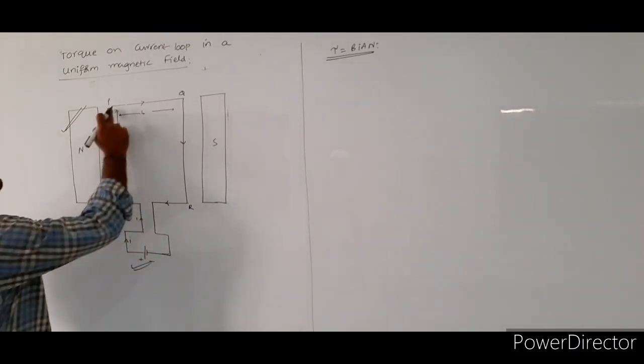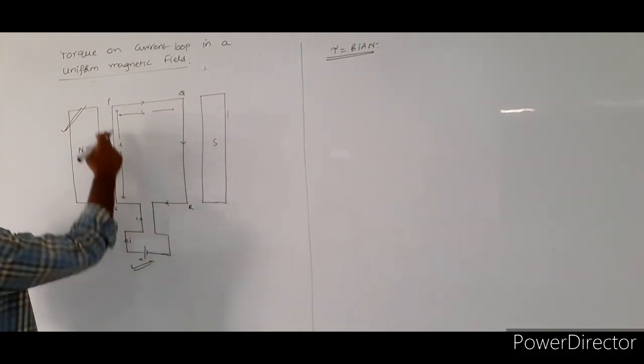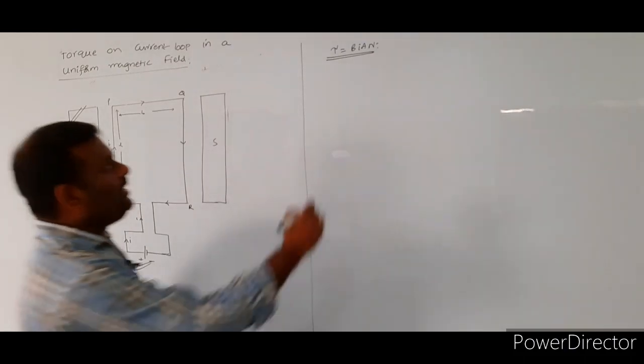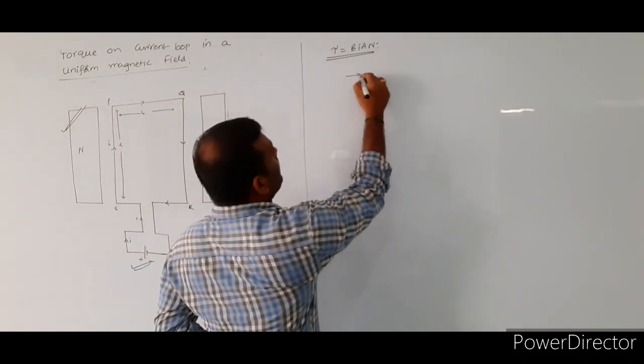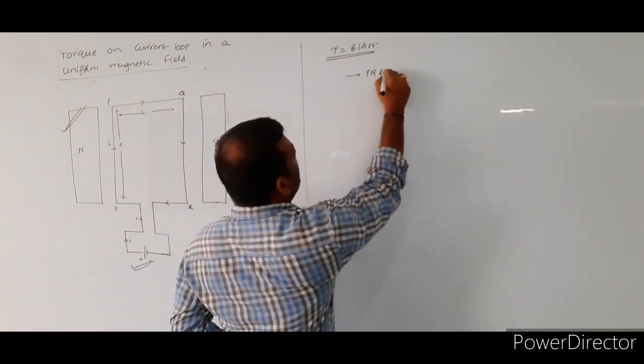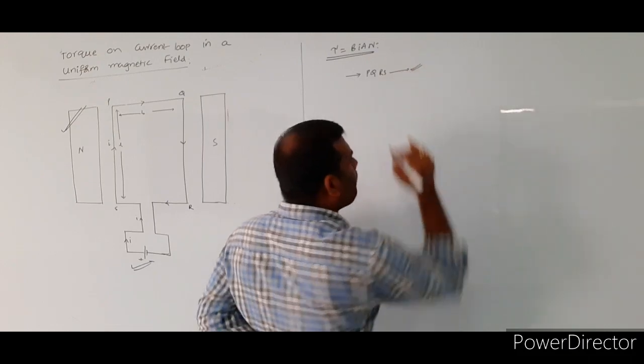Now we will see that. Here we consider PQRS. PQRS is a rectangular current carrying loop. Which type of loop do we consider here?